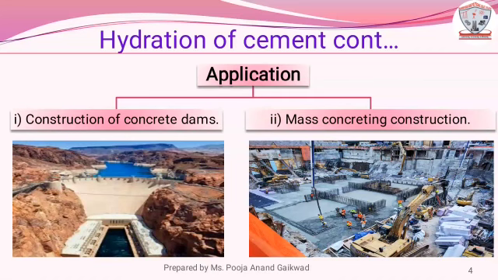The second image shows an example of mass concreting construction, which means construction that requires a large amount of concrete. So here we have seen applications. First one is construction of concrete dams, and second one is mass concreting constructions. Now the study of control of heat of hydration is mainly through these two applications only.